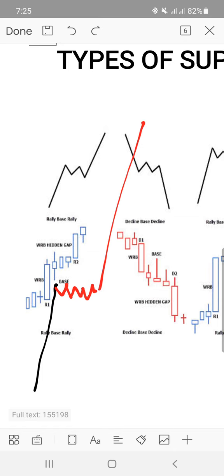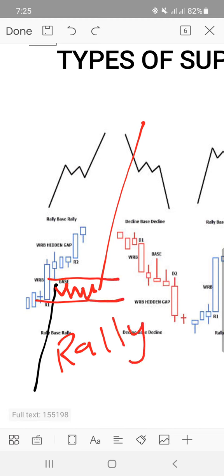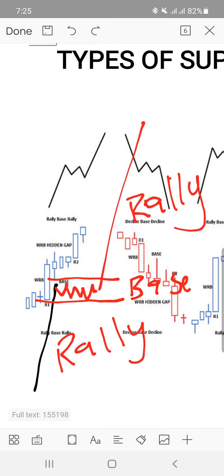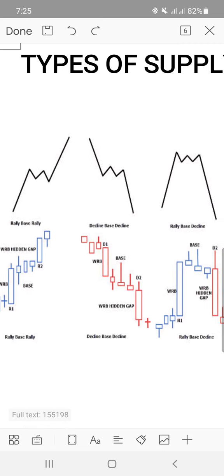Then it continues buying. We call it rally. This point now, we call it a base. Then we have rally, base, rally. Then the next one is we have the drop-base-drop.